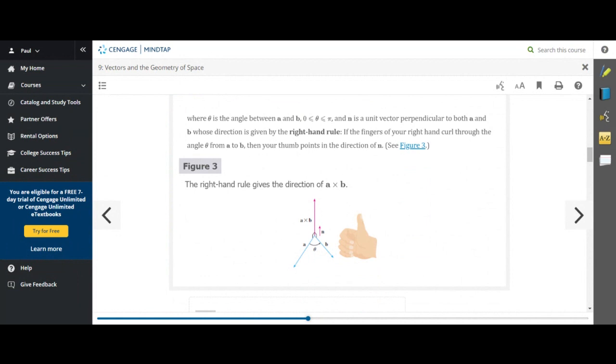So the cross product of A and B, A cross B, is going to be in the vertical direction. Does that make sense? A cross B is in the direction of the thumb, and that vector A cross B is perpendicular to the plane that contains the vectors A and B.